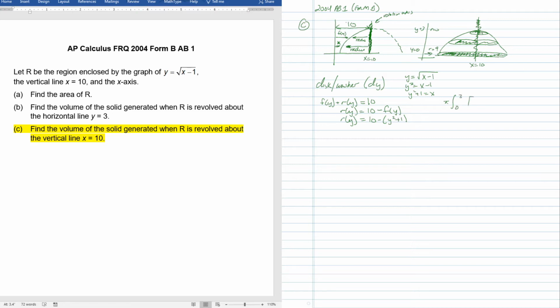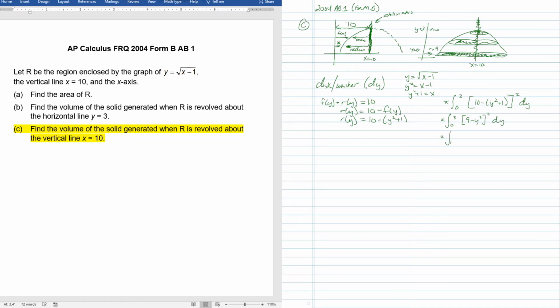Your radius is going to be 10 minus y squared plus 1, and this whole thing is going to be squared, dy. I would hate to see you make any mistakes foiling this out, thinking it would be 100 minus this. Remember, 10 minus this is actually 9 minus y squared.